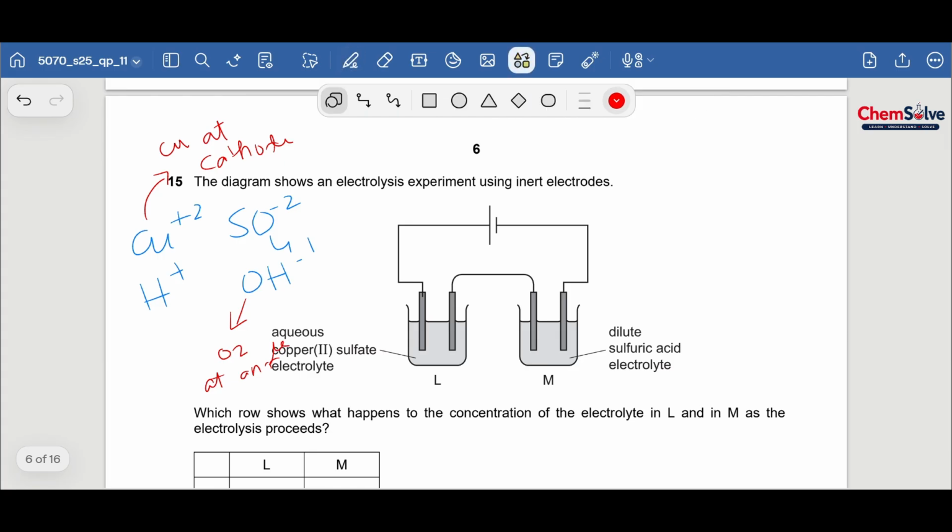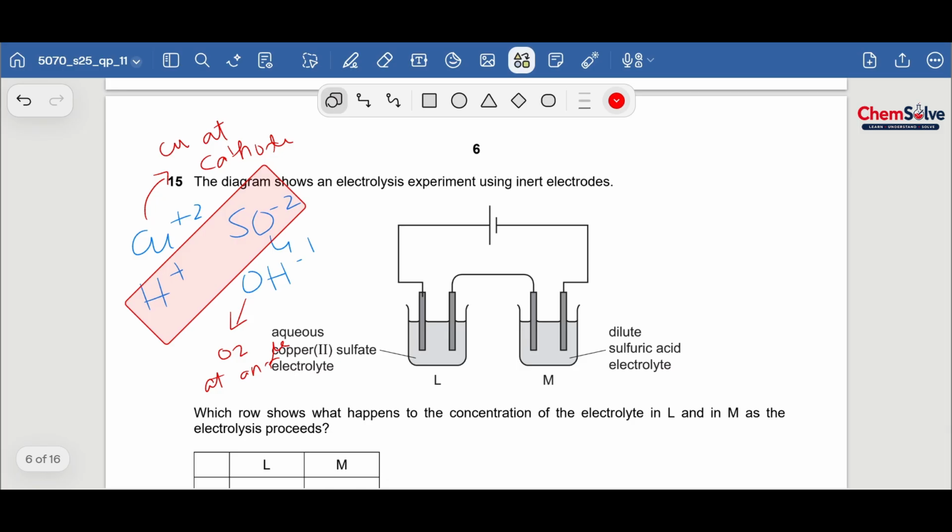So what would be left here? We will be left with hydrogen and sulfate here.